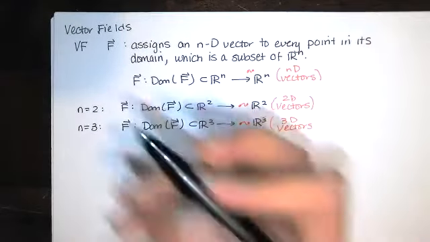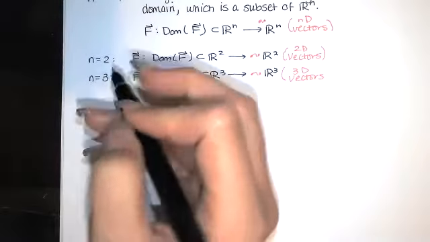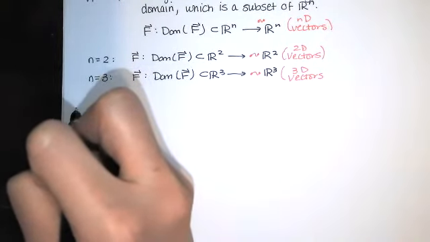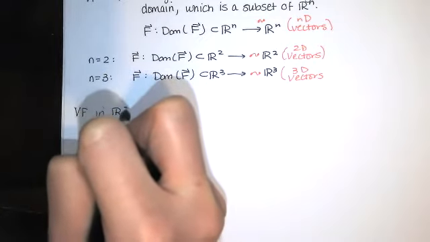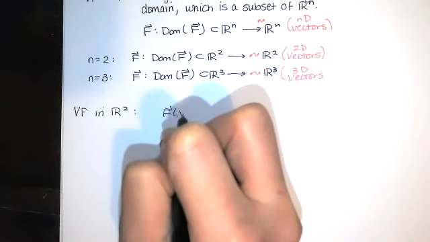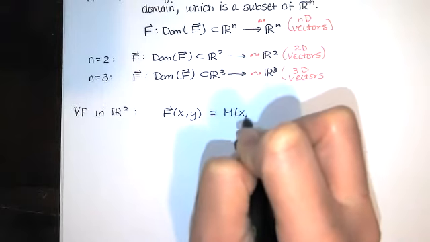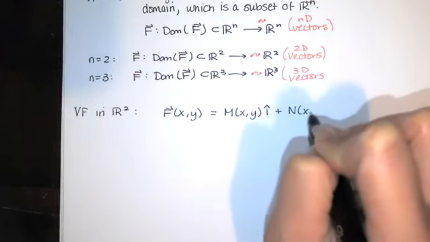The notation that we'll use is this. Different textbook authors use different letters, but these are the letters I'm going to use in our class. For fields in the plane, we'll say F of xy is M of xy times i hat plus N of xy times j hat.